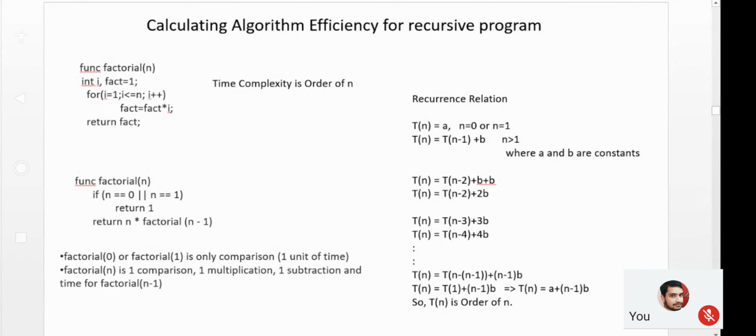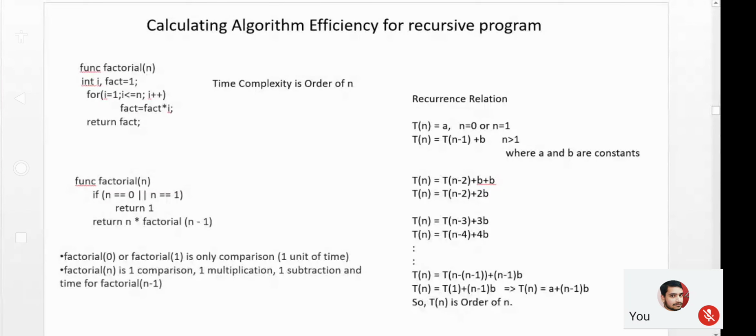Now, T of n minus 1 calls T of n minus 2, fact n minus 1 calls fact n minus 3. That means T of n minus 3 is what? Time to execute the problem of size n minus 3. That means the value of n is decreasing gradually. Initially it was n, after that n minus 1, then n minus 2, then n minus 3, n minus 4, and so on.